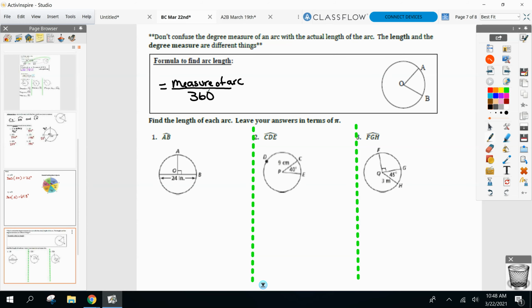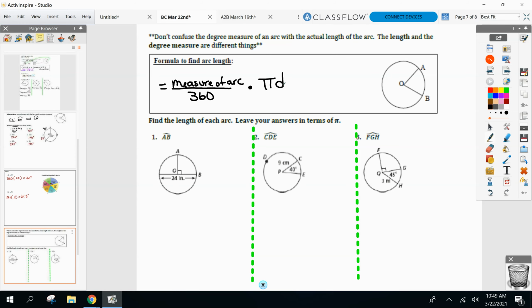So what fraction of the circle, times, and watch what we're going to multiply it by. It should look pretty familiar. Where did we see that before? Pi d. That's the what of the circle? Circumference. So think about what we're doing. What fraction of the circumference am I talking about? That's what I'm looking for as far as arc length. What fraction of the circle am I talking about? All right.